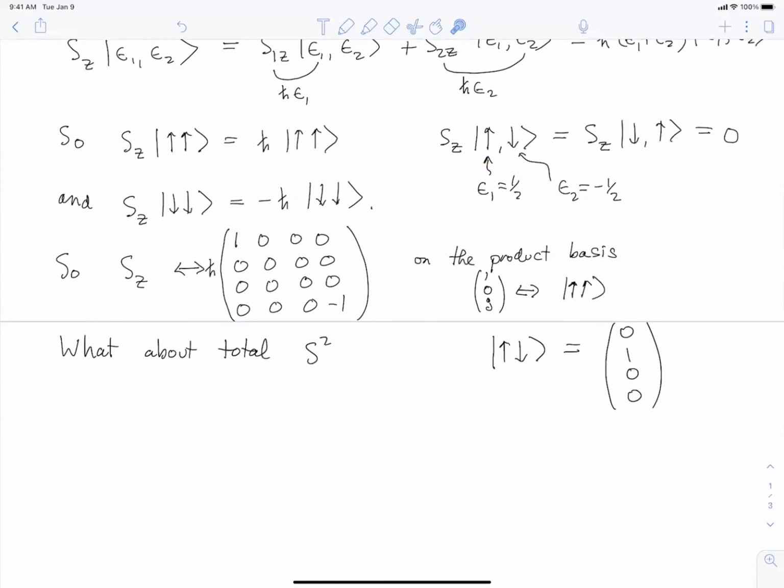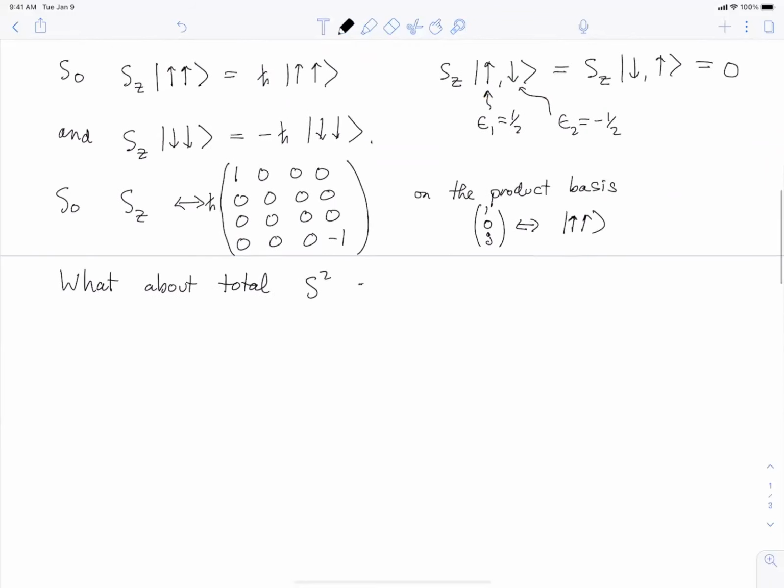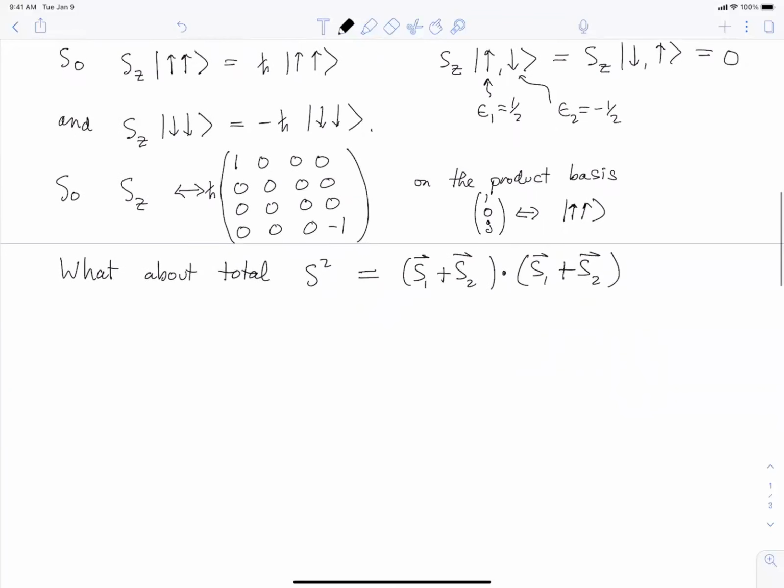All right. Let me erase this. Okay, so what about the total S squared operator? This we can write as S1 plus S2 dotted into S1 plus S2. That's its definition. Okay, and so we can write that out.